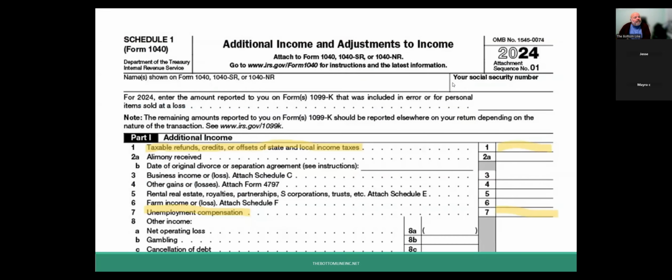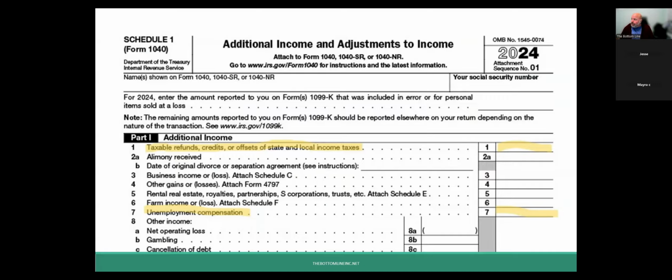The taxable refunds from the state or local income taxes will go on line 1. Unemployment will go on line 7. Those will be added together on Schedule 1, and then they go back on our 1040.